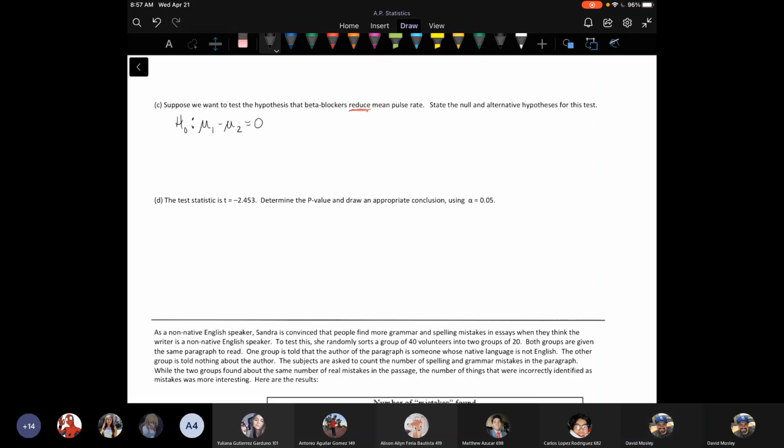Okay. Our alternative, if we're doing mu1 minus mu2, and it's reducing, would be less than 0, which is somewhat supported by what we got in our confidence interval. We got a large section of that is negative numbers. And I say somewhat because we do contain 0 in our confidence interval.